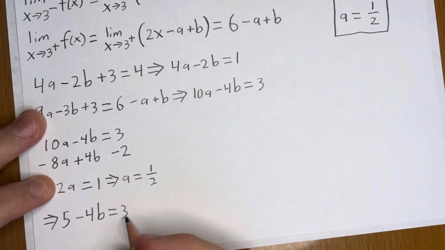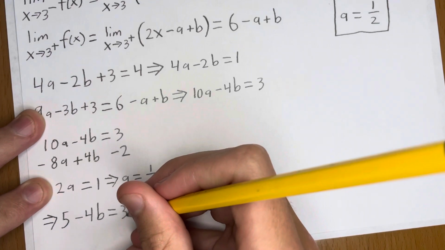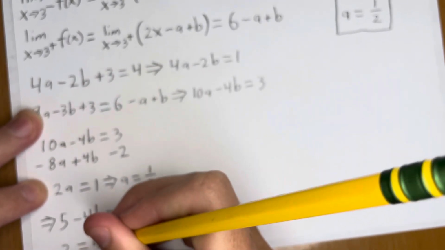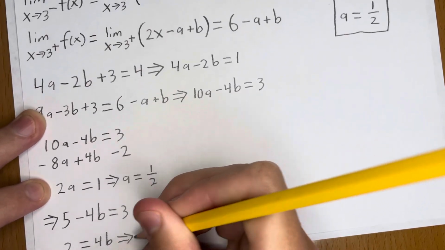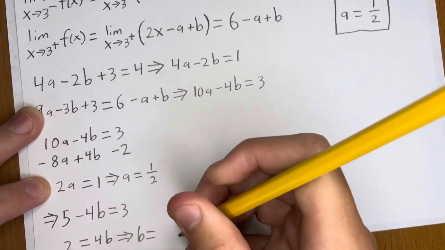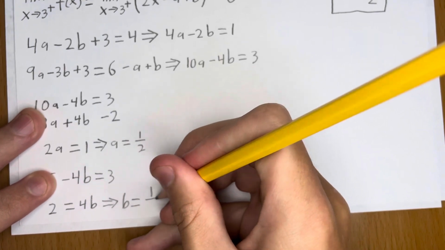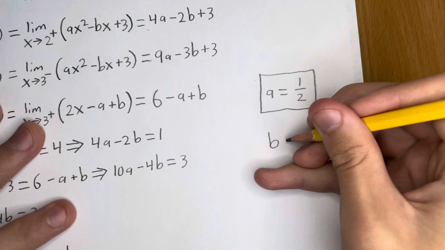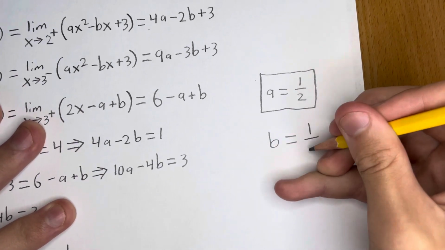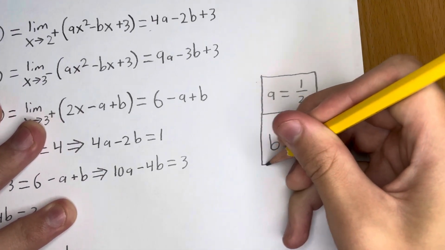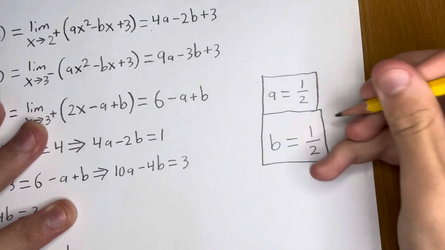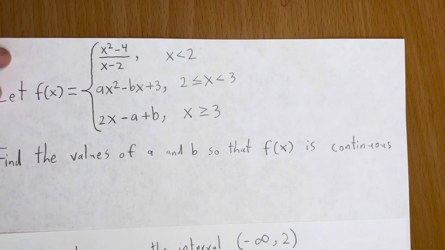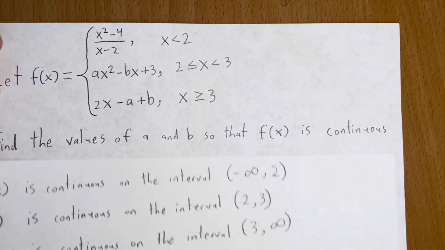So plus 4b on both sides, minus 3 on both sides, you get 2 is equal to 4b, which means that b is also equal to 1/2. So over here, we're going to say that b equals 1/2. And now we have found the values of a and b so that this function up here is continuous everywhere. Thank you.